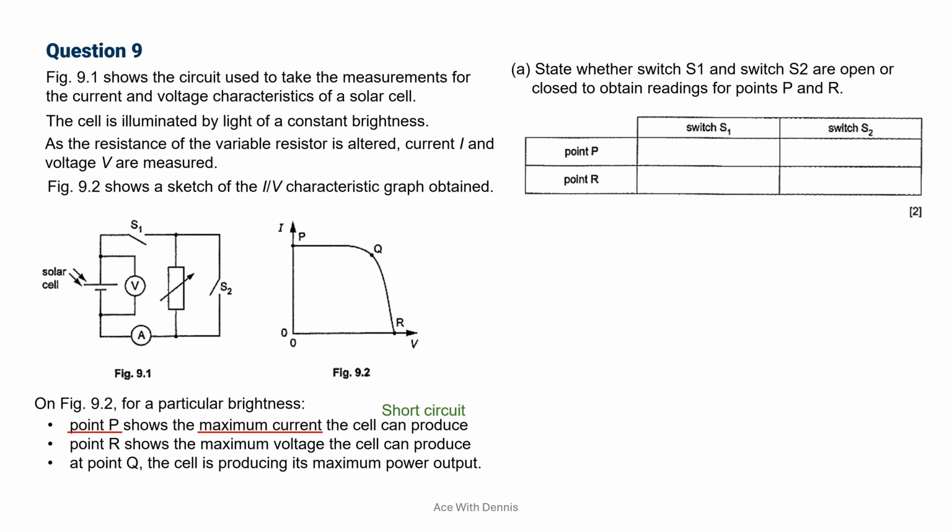Hence, to make the circuit a short circuit, switch S1 has to be closed and switch S2 has to be closed as well. Now, for point R, it shows the maximum voltage. So maximum voltage means it is an open circuit. Therefore, to make the circuit open, switch S1 has to be open and switch S2 has to be open as well.